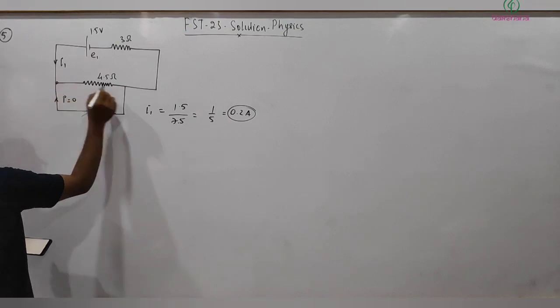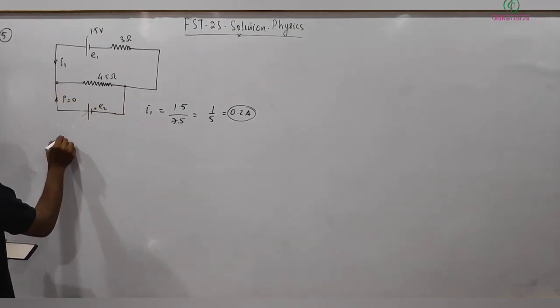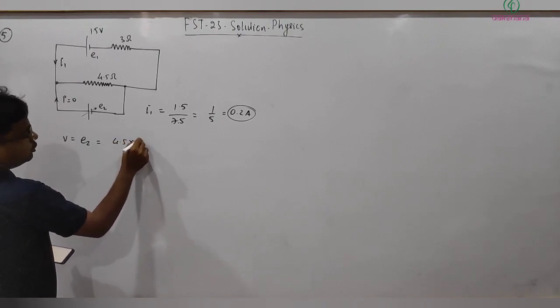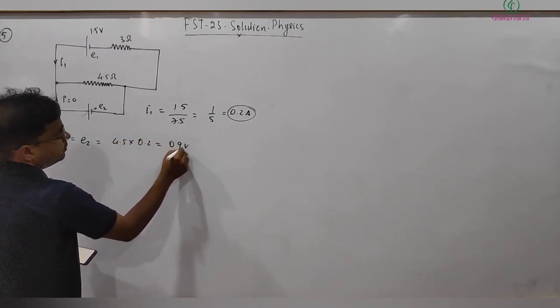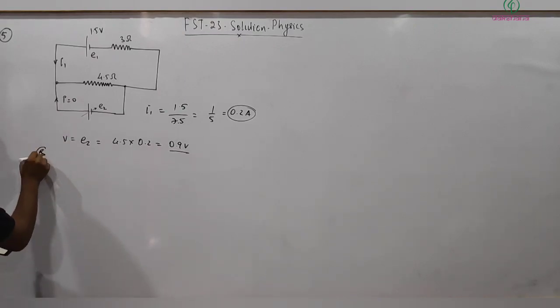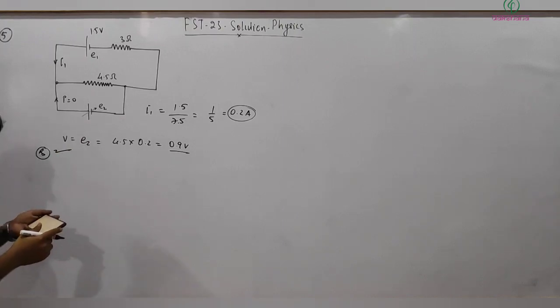So the potential difference across this we can write: V equal to E2 is equal to 4.5 multiplied by 0.2, that is 0.9 volt. So initially the E2 battery must have potential of 0.9, which means B2 is correct.